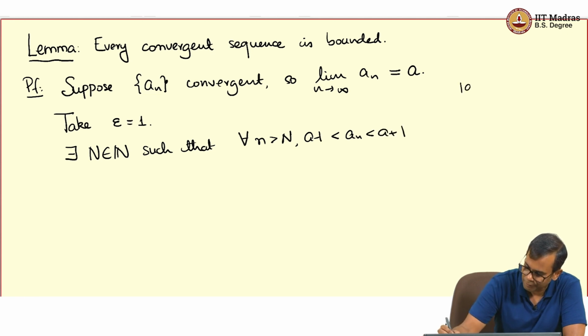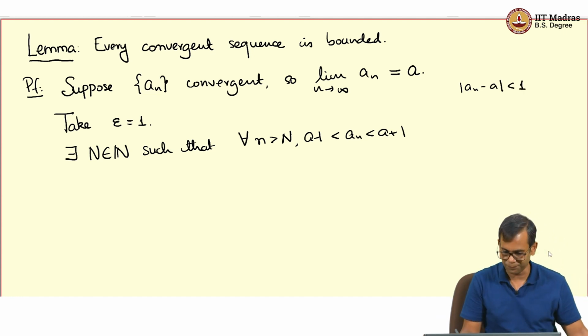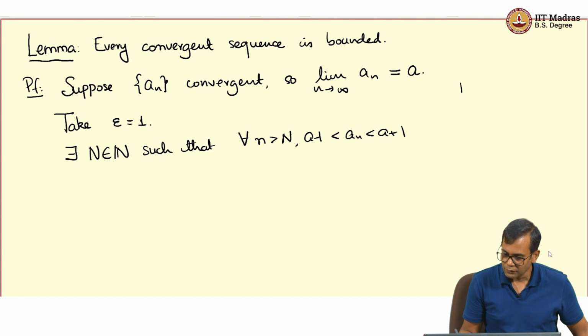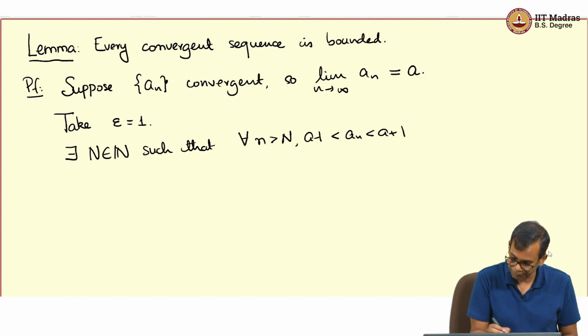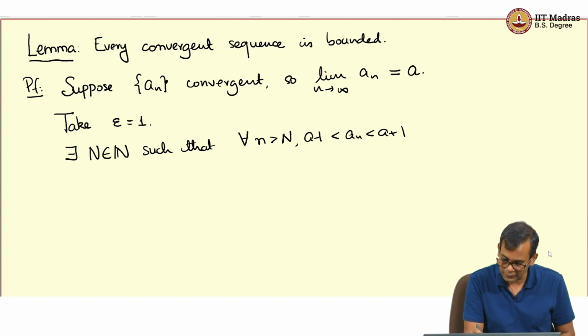We say that |a_n - a| is less than 1. So now all the terms after the capital Nth term have an upper bound, namely a + 1, and a lower bound, a - 1.